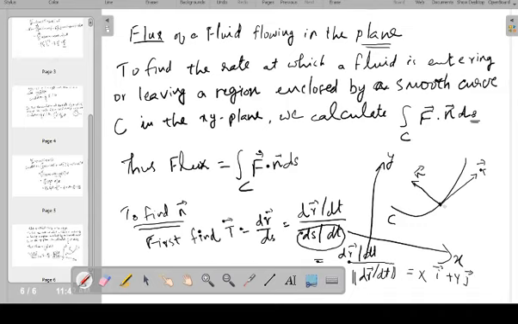See, I have two choices for n, right? N is a vector perpendicular to t, so n could be this also. But there is a thumb rule. We will take n as that vector obtained by rotating t through an angle pi by 2 counterclockwise. So this is the actual n I am looking for. This vector is obtained by rotating t through an angle pi by 2 clockwise. I am not interested in that.